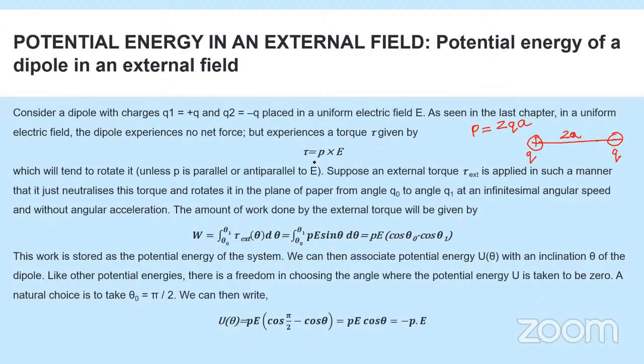And what is torque? Torque is given as the vector product of the dipole moment vector and the electric field that is present. The torque is going to try to rotate this dipole in alignment with the electric field.